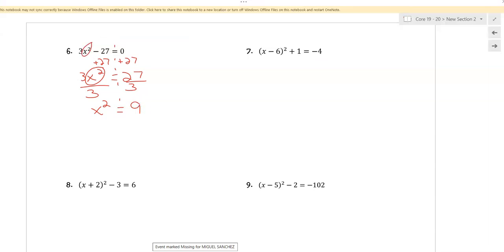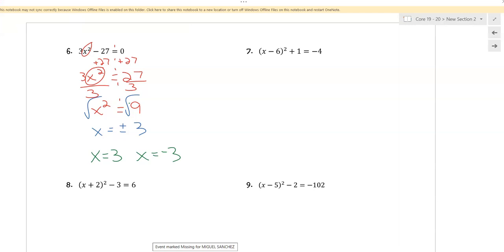Now that x squared is by itself, I can take the square root of both sides. Plus or minus. There is no i here because there is no negative, so it's just plus or minus square root 9. So x equals 3 and x equals negative 3.